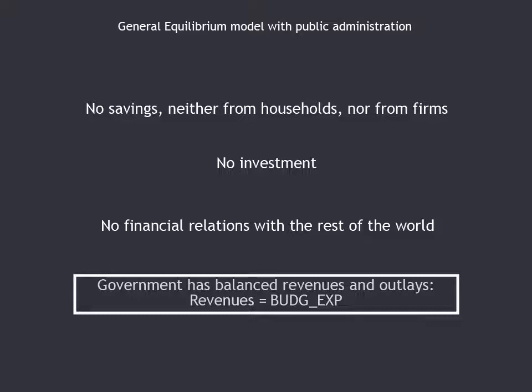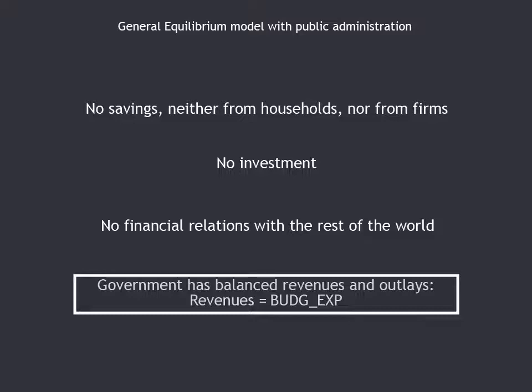So at the government's level, the budget is balanced, and revenue must be equal to total public expense, which is called BUDG_EXP.